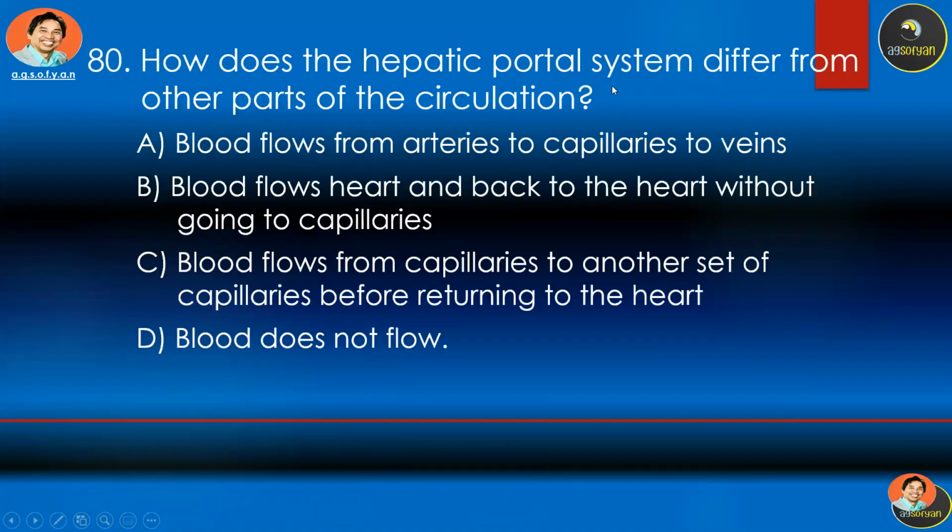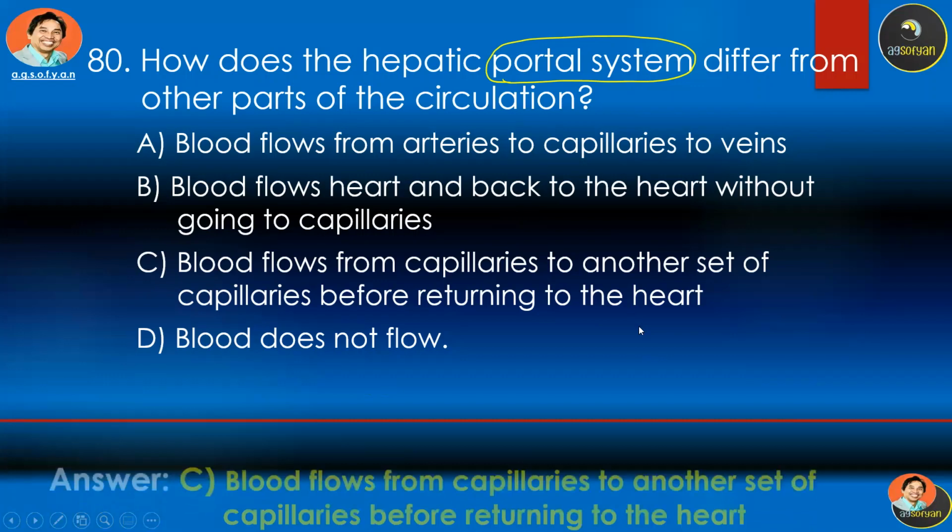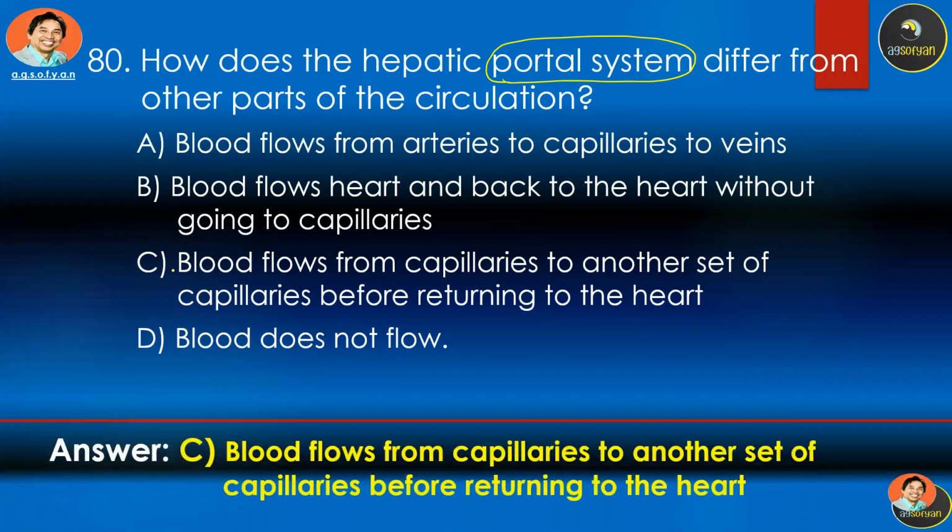How does the hepatic portal system differ from other parts of the circulation? Okay, so the portal system is the system that carries blood from one set of capillaries to another set of capillaries before going back to the heart. So it's going to be this one: flow from capillaries to another set of capillaries, which is the liver.